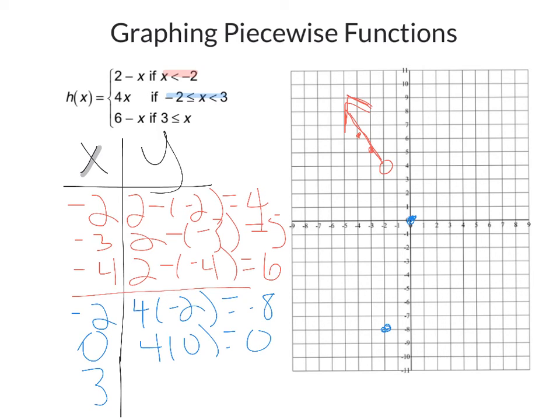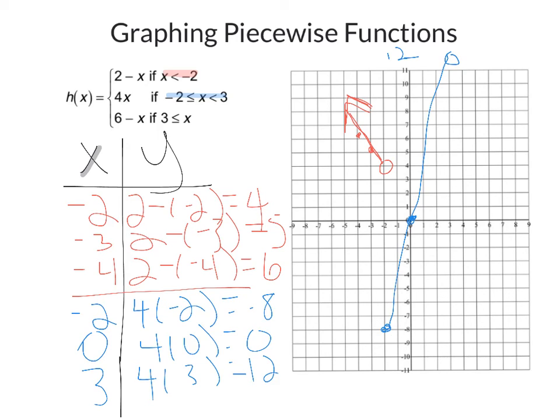And finally, if I plug in 3, I do 4 times 3 and get 12. So that means I have the point (3, 12). But I'm going to make this an open dot because it is not included in my domain. And then I'm going to connect my points. But in this case, there's no arrows because our graph is strictly between the values of -2 and 3.